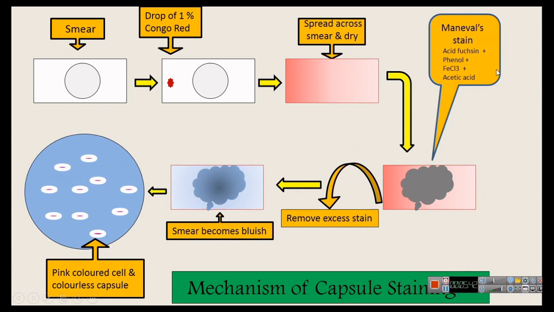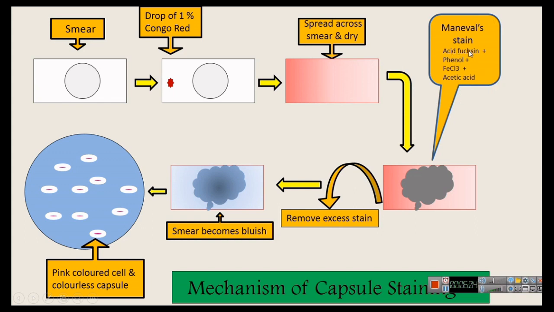Already I have told you that capsule is non-ionic in nature and therefore it cannot be stained by any of the stains, and therefore we are using a special staining method in which Maneval's stain is used. Maneval's stain contains acid fuchsin, phenol, ferric chloride and acetic acid.